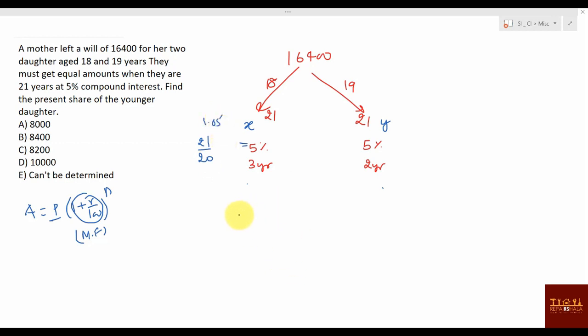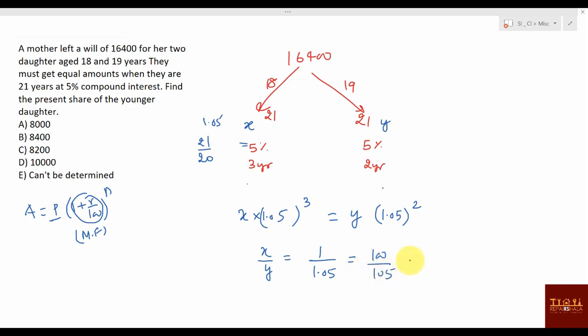So here your amount will be x into 1.05 raised to power 3, and here your value will be y into 1.05 raised to power 2. Yes or no? Or you can say x by y value will be 1 by 1.05, or 100 by 105, or 20 by 21.